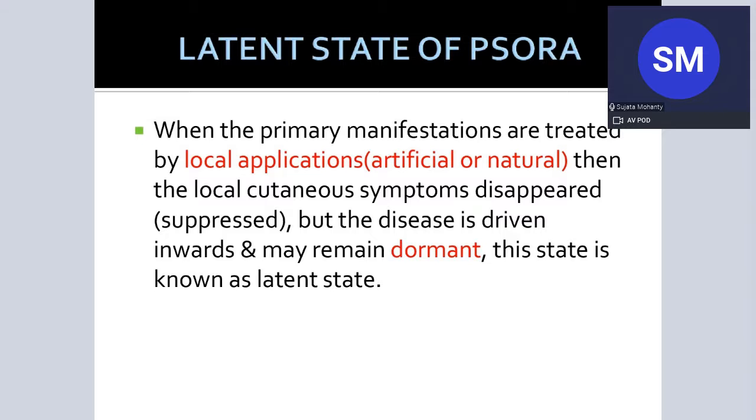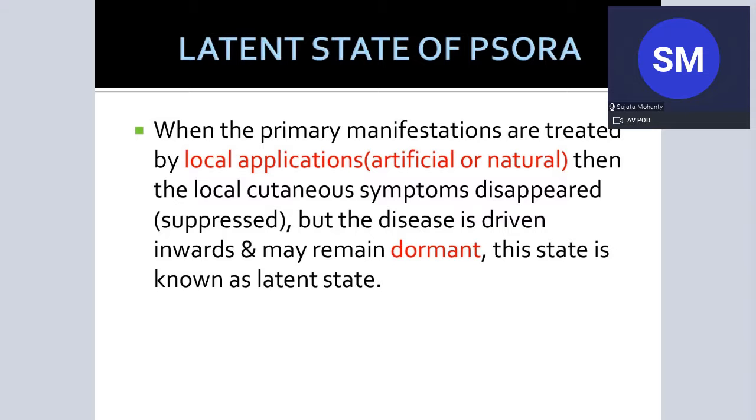Then the latent state of Psora. When the primary manifestations, those eruptions of itch, are treated by local applications, artificial or natural, the eruptions are suppressed. Artificial means some cream or ointment, but natural means some weather conditions that suppress those skin eruptions. So by any kind of local application, be it artificial or natural, the local cutaneous symptoms, that is the eruption of itch, disappear. That means it's suppressed. That's why the disease is driven inward and may remain dormant.